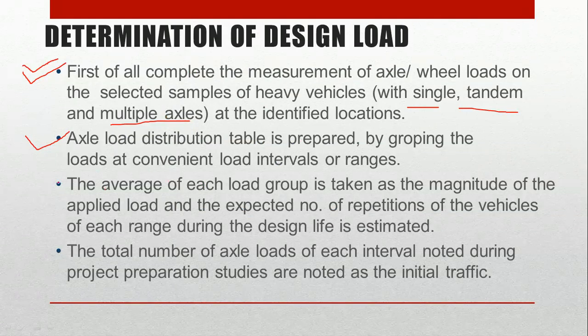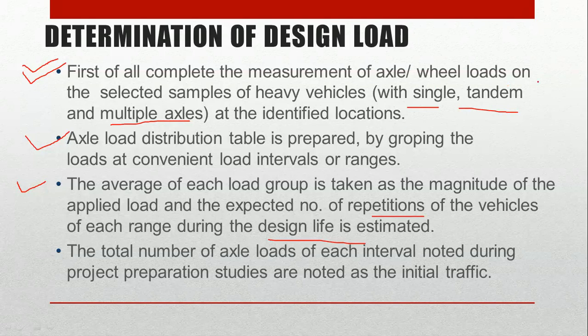So by this we can obtain the average group of the magnitude of load, that is the expected load, and the number of repetitions of the loads of vehicles which are moving on the road surface during the design life. So that is estimated.